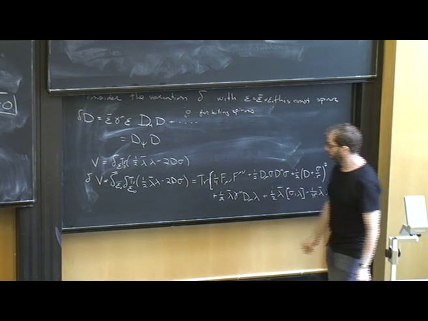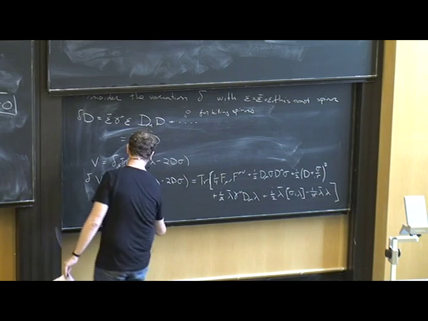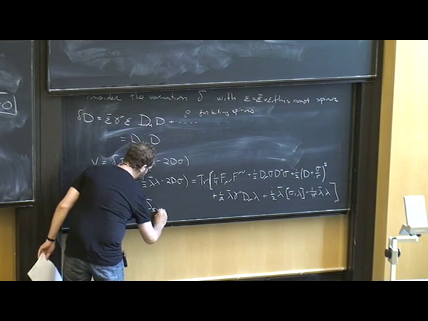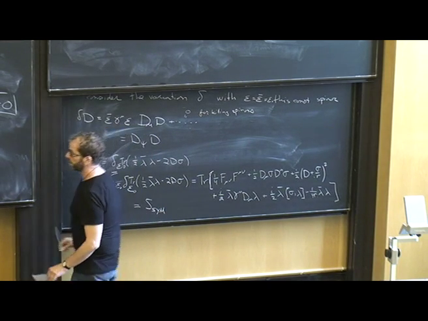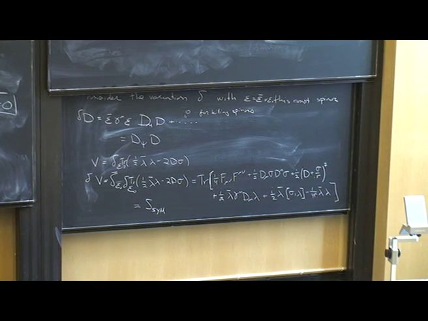So this is equal to S Yang-Mills. So this is rather peculiar that the localizing action that we're going to use, this delta V, is the Yang-Mills action, and we're going to deform our action by an arbitrary multiple of the Yang-Mills action.